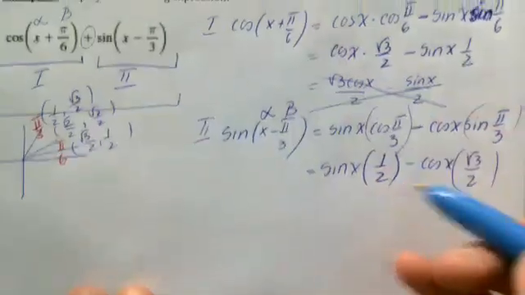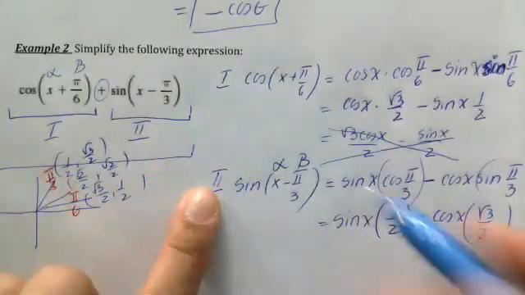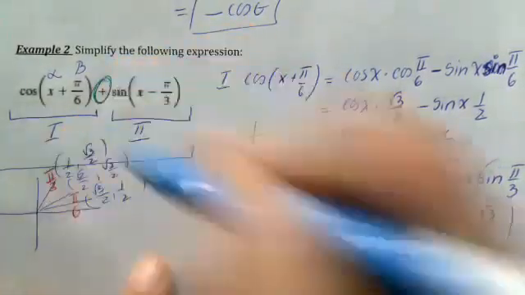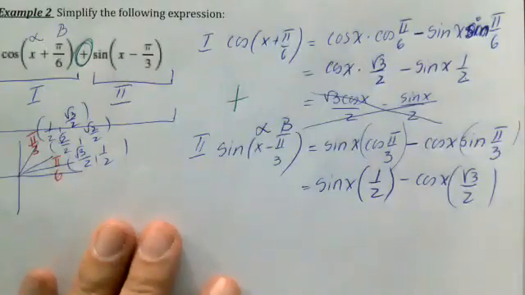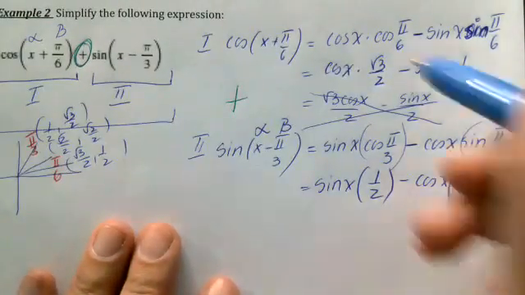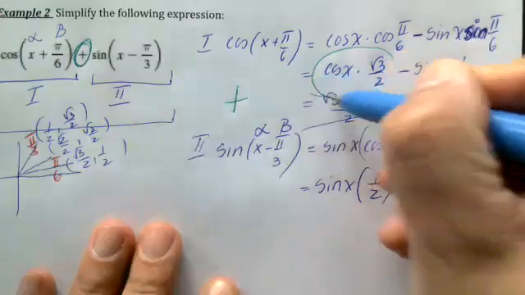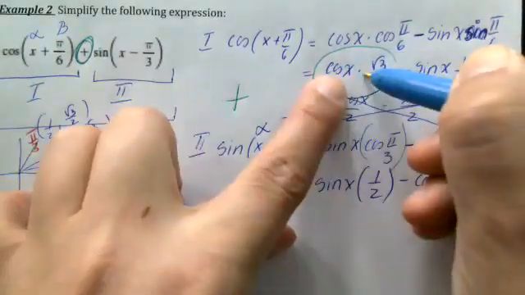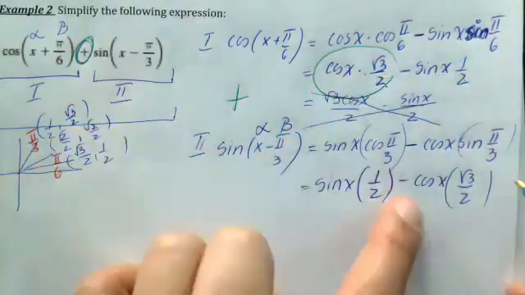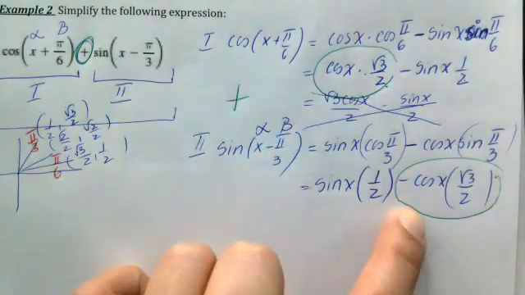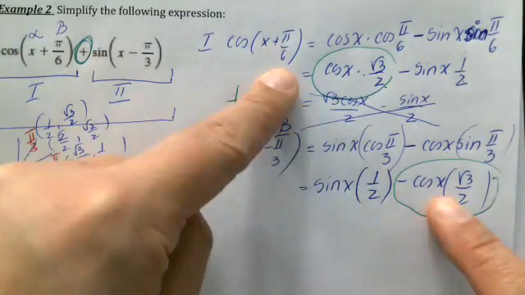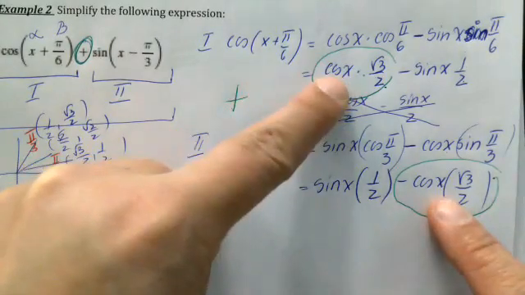Now what we're going to do is, for number 1 and 2, we're going to add them up, because that's what it says, add them up. So we notice that we have a square root of 3 over 2 times cosine here, that's a positive, but then we have a negative square root of 3 over 2 times a cos. So that's going to give you a 0 there when you add them up, right? Does that make sense?